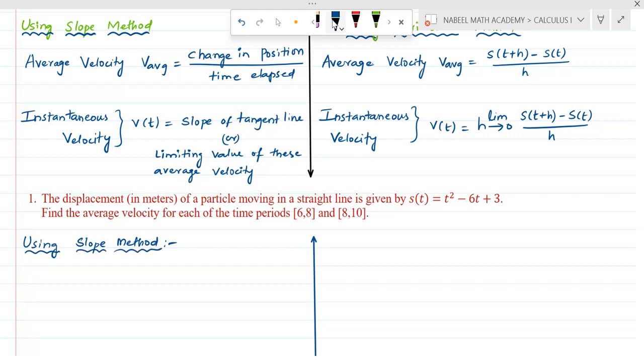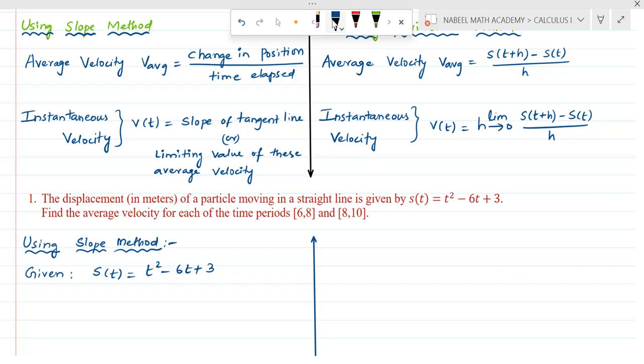First of all, the given function, the displacement s of t, is given by t square minus 6t plus 3. Now I have to calculate the average velocity.